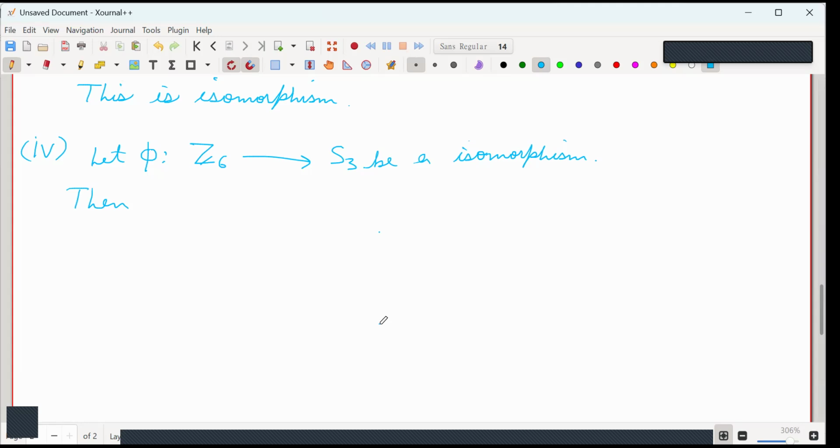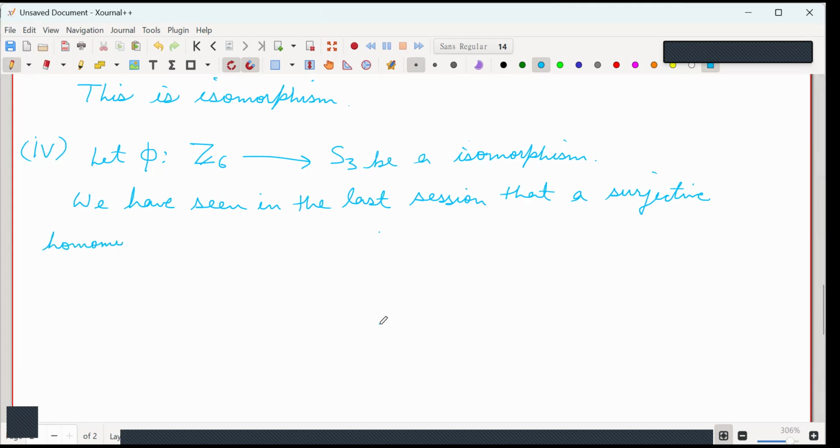So we have seen in the last session that a surjective homomorphism maps a generator to a generator.